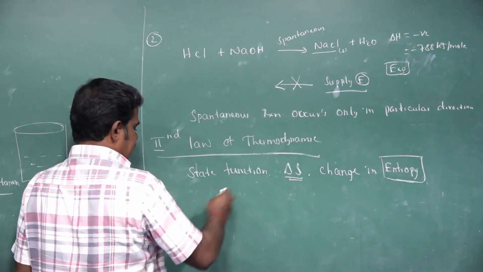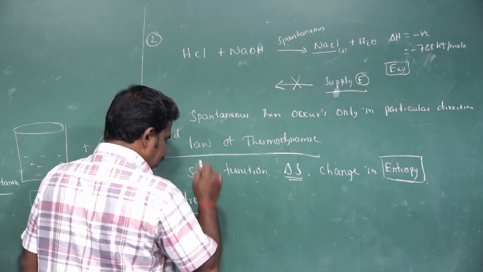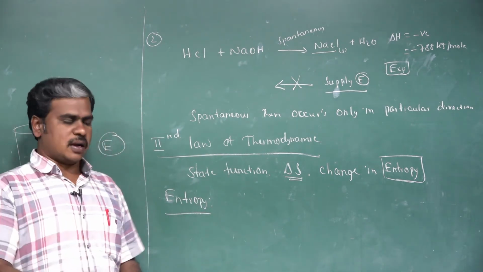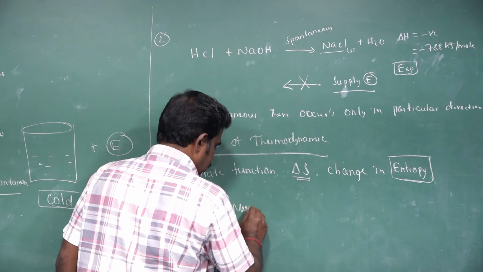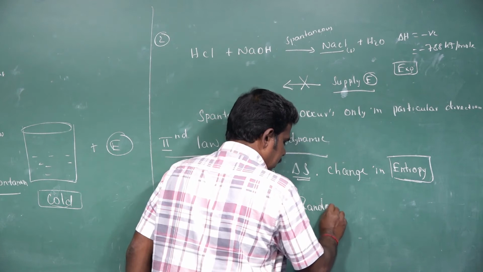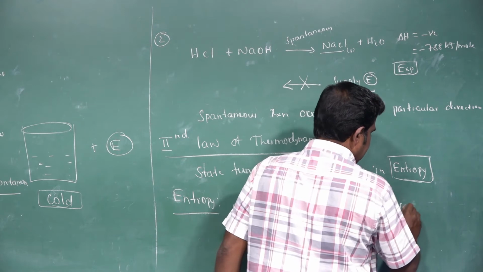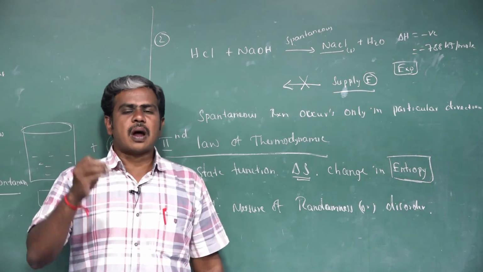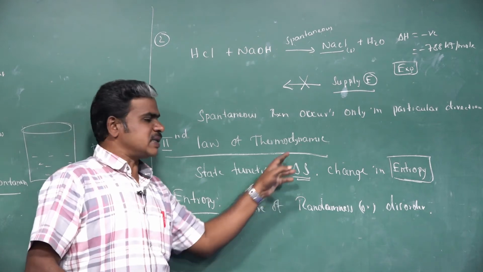Now here we take entropy. What is entropy? Entropy is a measure of randomness or disorderedness. By predicting the spontaneous process, we get the next variable, that is entropy.